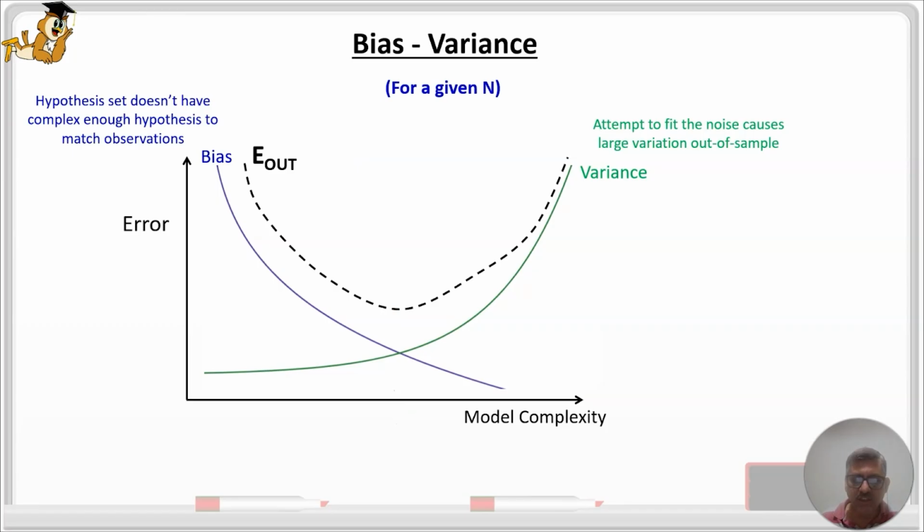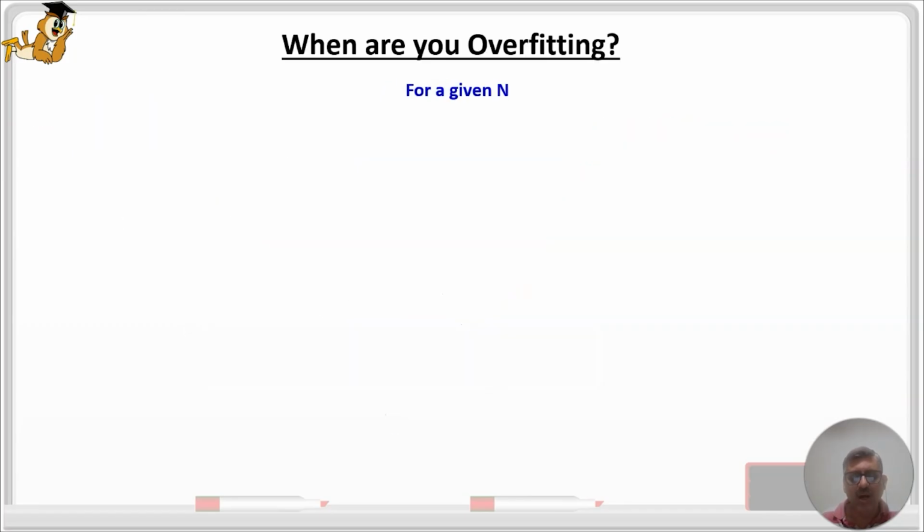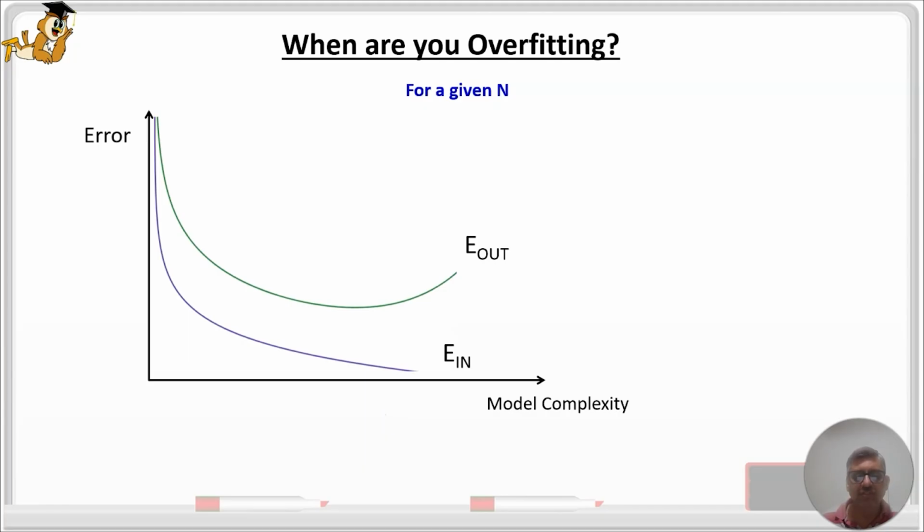Let us draw this figure in a different way to answer the question, when are you overfitting? So for a given n, if you plot the errors Ein and Eout against model complexity, the behavior that you will observe is that Ein is going to keep going down as the model complexity increases, because you would start approaching a very close fit of your training samples, and your Eout, after reducing, will start increasing at a certain point.